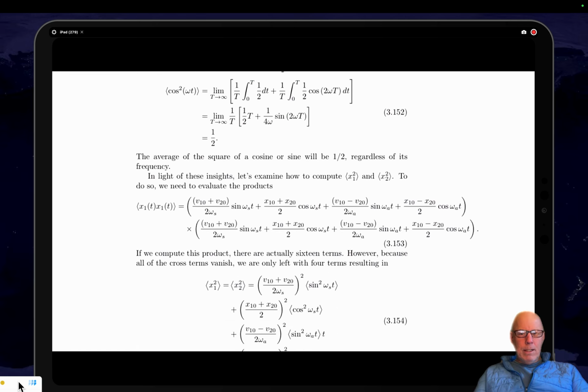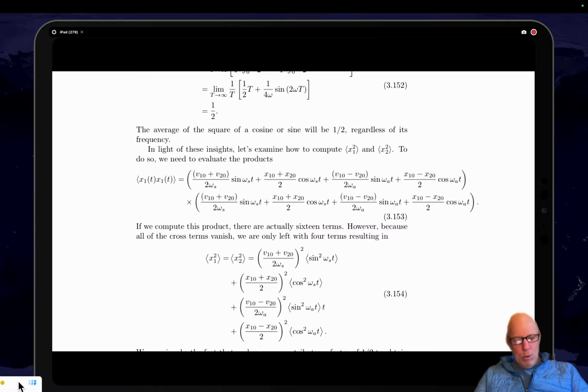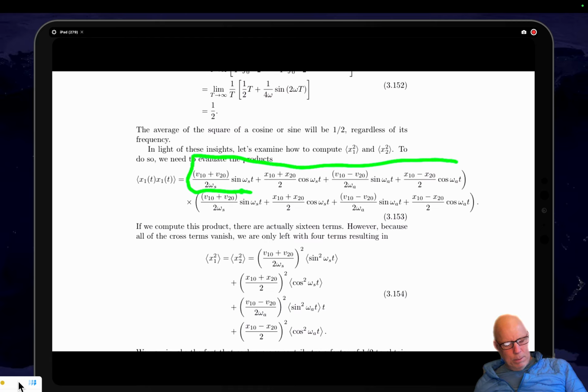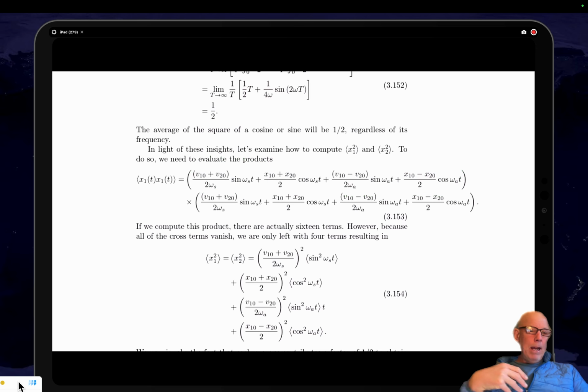As a result of this, we can compute these big, messy correlation functions. I agree that the expressions look daunting, but I remind you that this big mess is what we just spent all that time on in the previous vignette. It's basically saying that I can write the position of the two masses as a superposition of my symmetric and anti-symmetric modes.